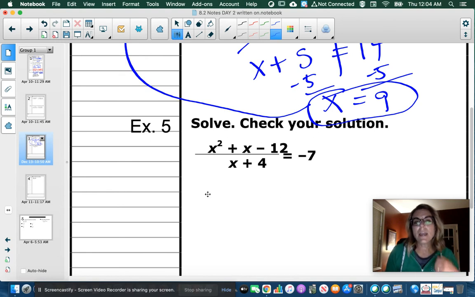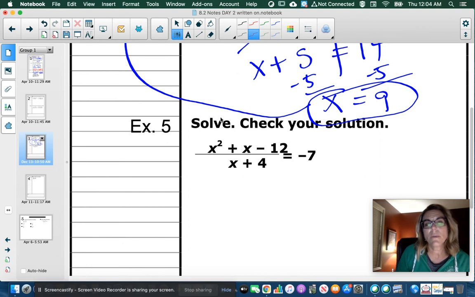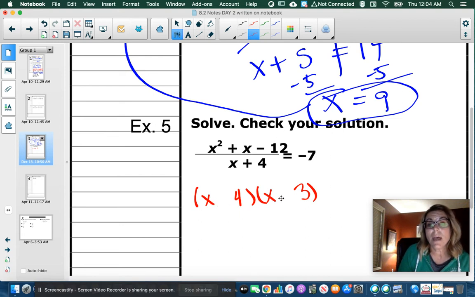Example 5. I'm going to solve that rational equation. Again, I want to factor everything that I possibly can. X times x, and I have 4 times 3 is 12. It needs to be a negative. One of them gets a negative, one of them gets the positive.